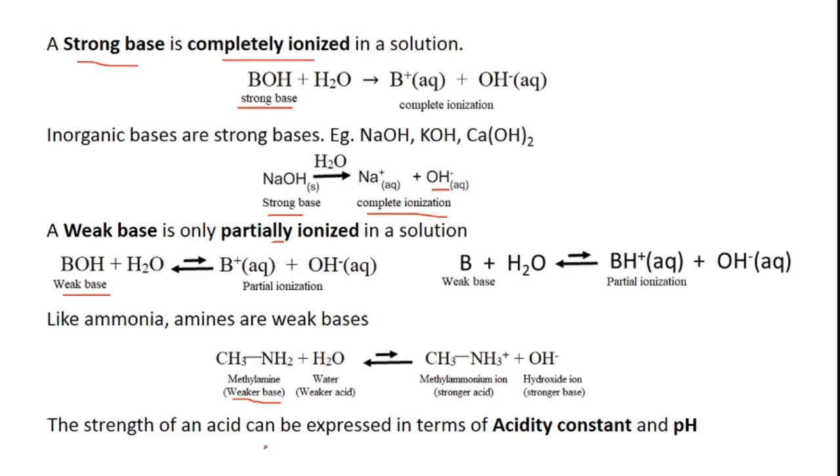The strength of an acid can be expressed in terms of acidity constant and pH. These are the two terminologies used to indicate the strength of an acid: acidity constant and pH.